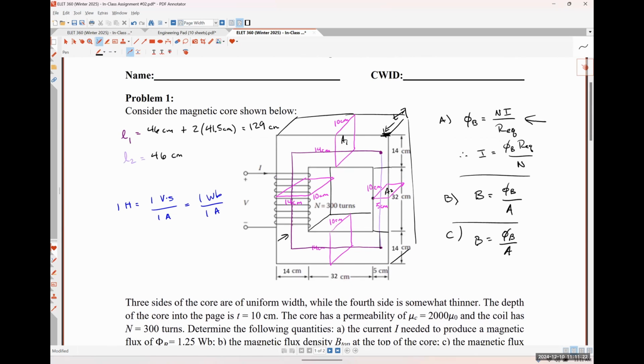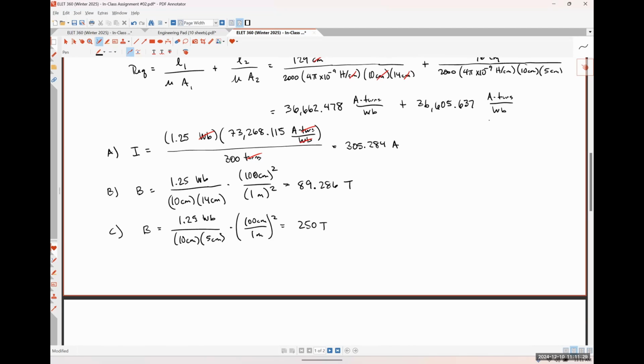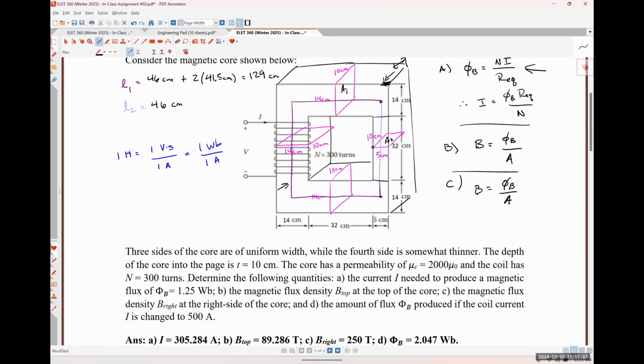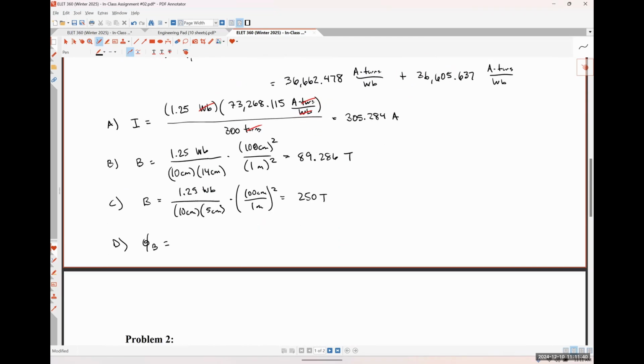Because we know the number of turns, we know the current, we know the equivalent reluctance. We're trying to solve for flux, okay? So phi B is Ni over Req.